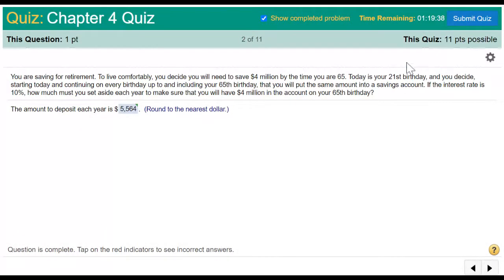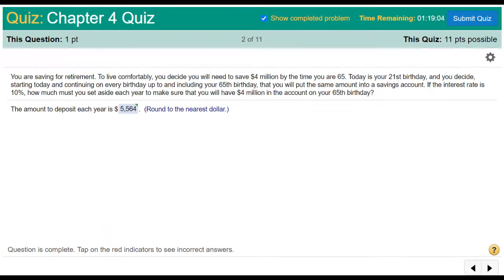This number, 65 minus 21 is 44, right? You add 1 to it. So that means N equals 45. Whatever this birthday is minus this birthday, let's say this was 25, then the answer would be 34, but you add 1 to it.